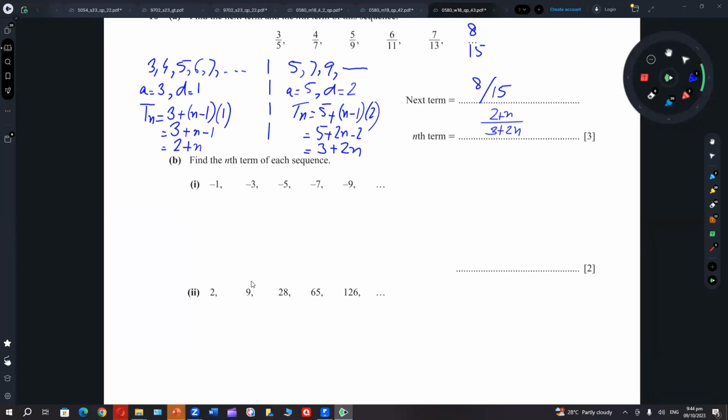Find the nth term of each sequence. Now, first example, are you subtracting one number? No, 2 numbers.